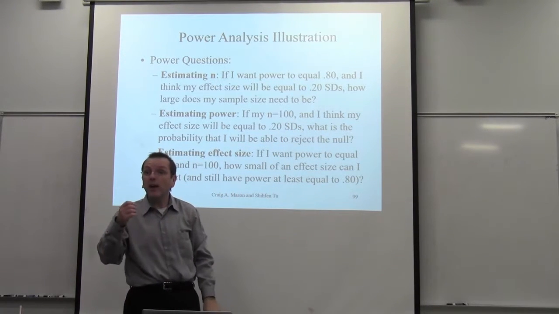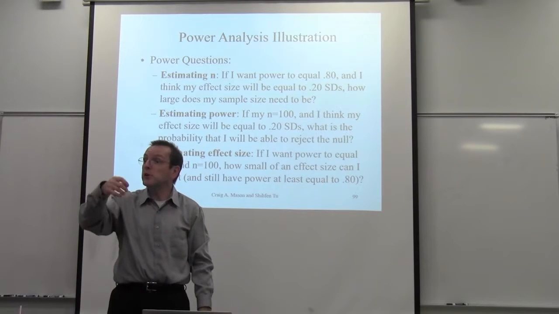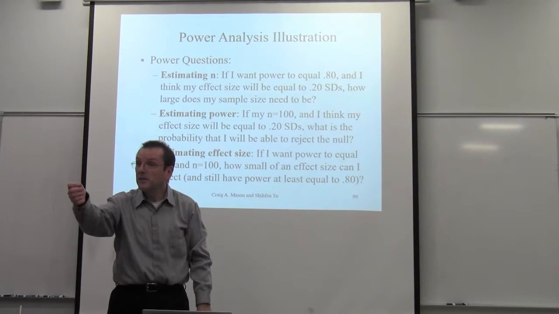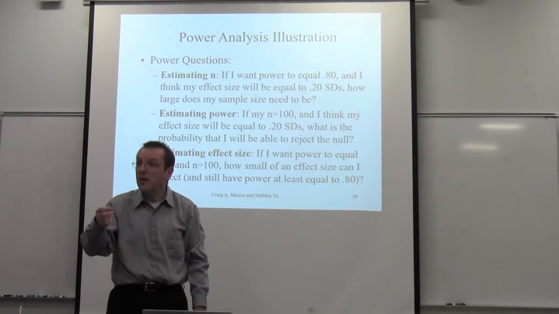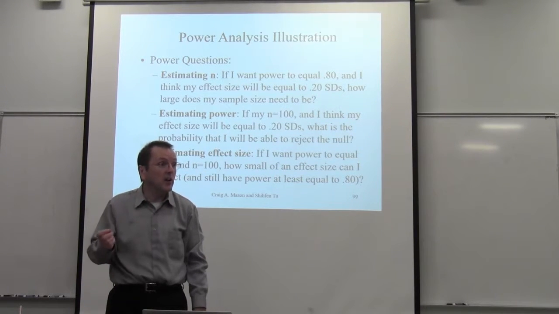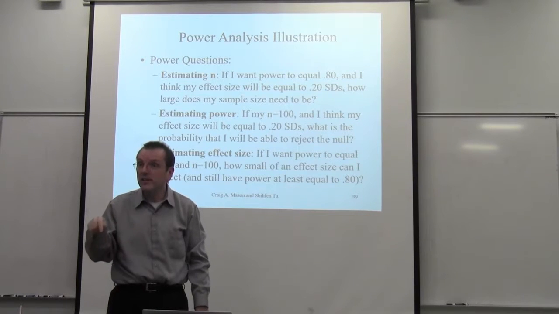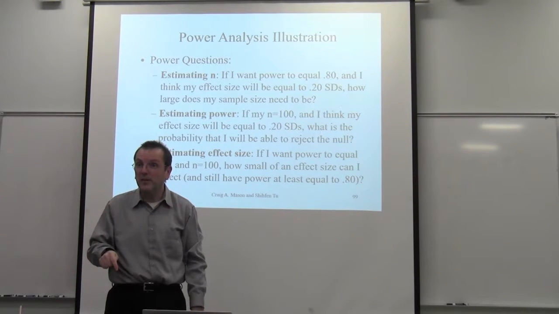Power of 0.80 means the probability of rejecting the null should be 0.8 or more. So 80% of the time, I want to reject the null if the alternative hypothesis is true.